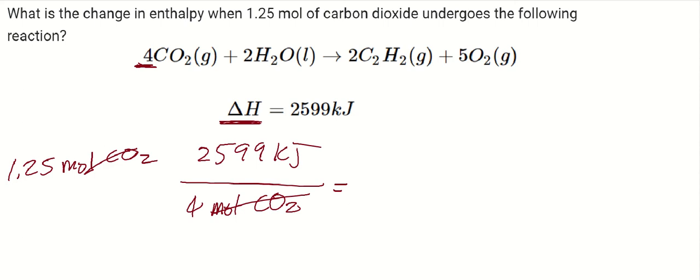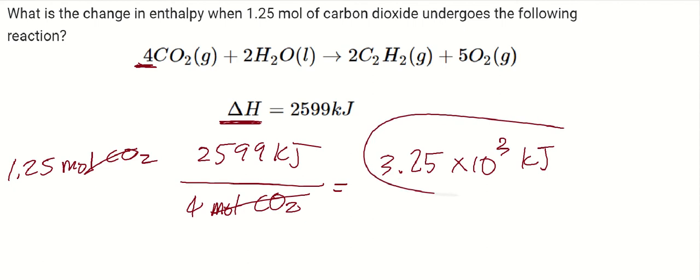How many significant figures? We need 3 significant figures here. Use scientific notation: 3.25 times 10 to the 3 kilojoules. It's an endothermic process because delta H is positive.